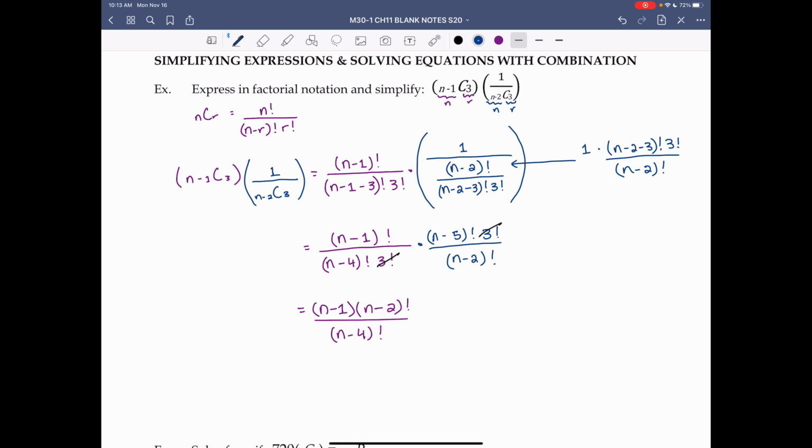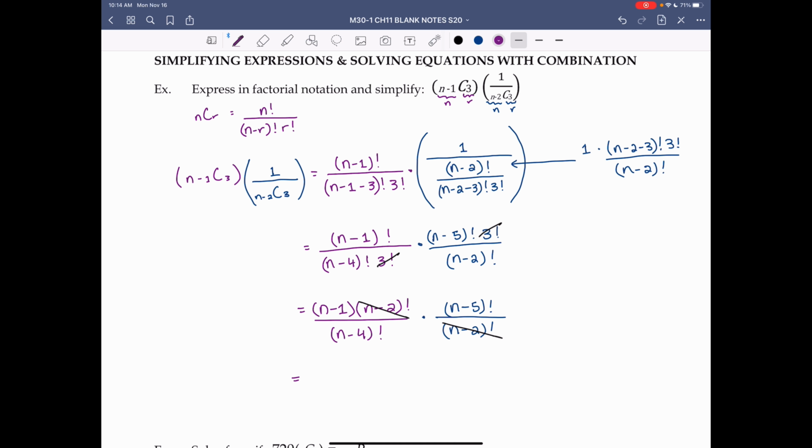The second fraction, we have n minus 5 factorial on top and n minus 2 factorial on bottom. So since I split up the n minus 1 factorial to n minus 1, n minus 2 factorial, now I have n minus 2 factorial top and bottom, and I can divide those out.